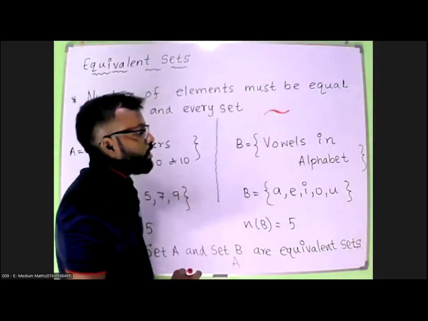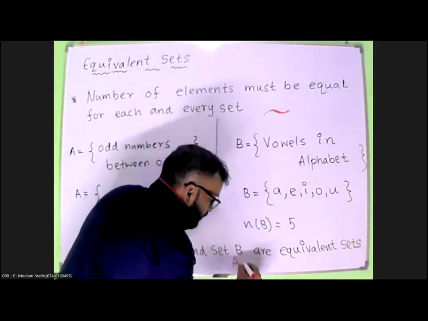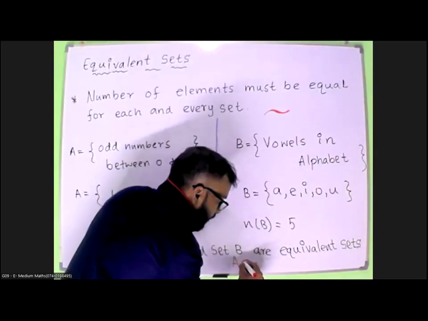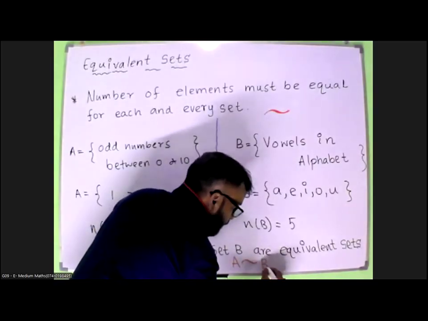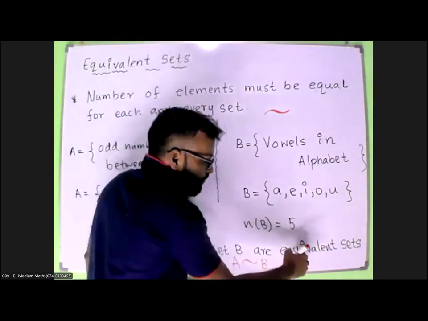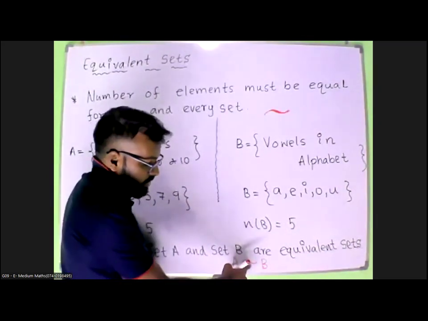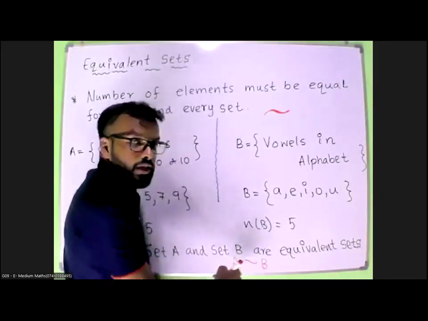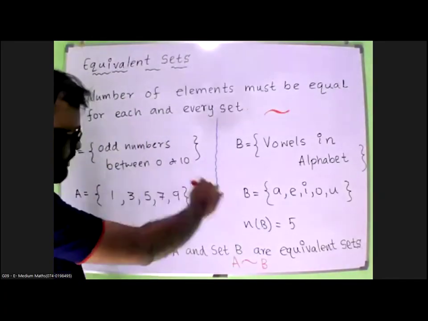This is the mark that we are going to use for equivalent. A is equivalent to B. Therefore, set A and set B are equivalent sets. A is the equivalent set for B. Please write this semi-clear.